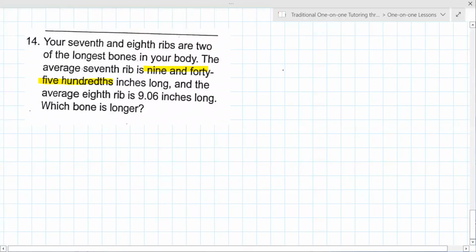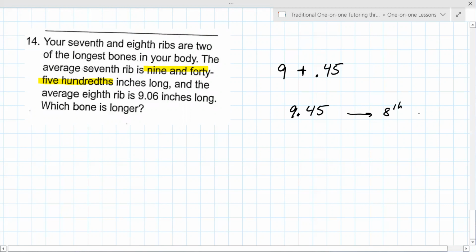So what I see is 9 and means plus 45 hundredths is 0.45. Do you see that? So the larger one would be the 9 45 hundredths. Yeah, and that's the 8th rib.